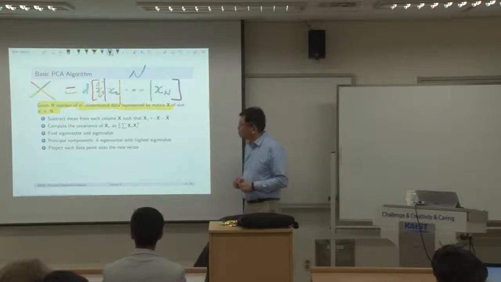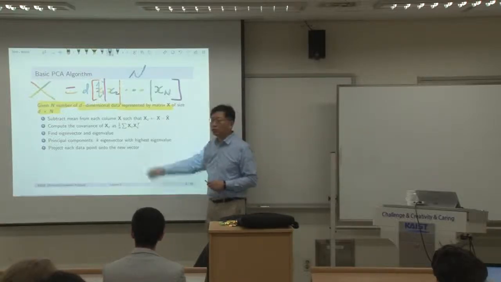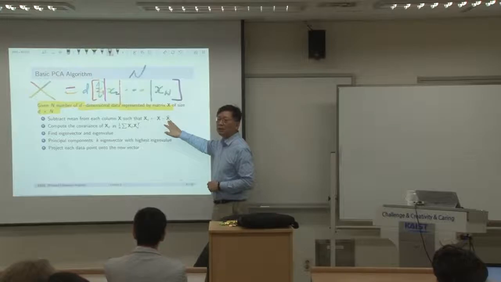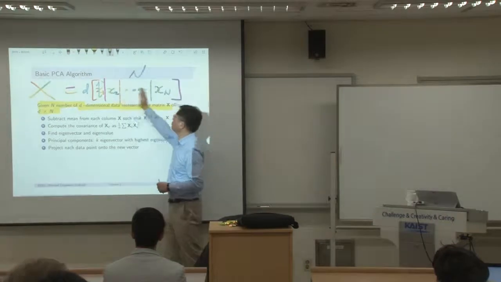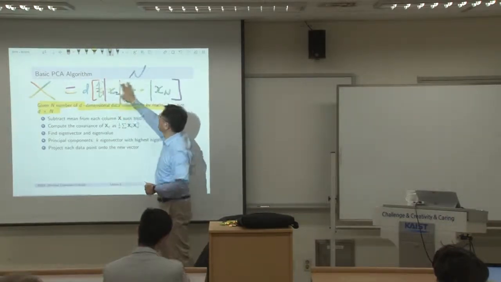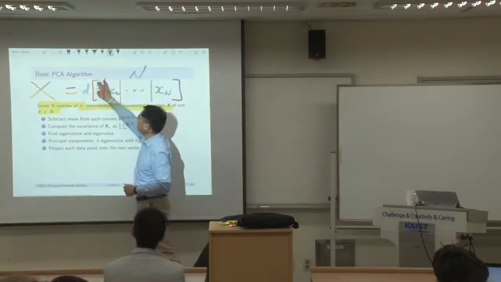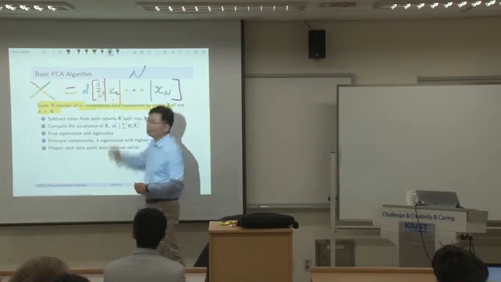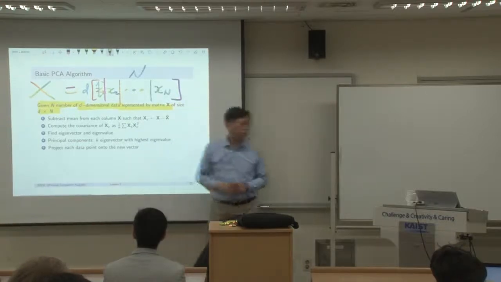And it's a 5-step process. The first step, you subtract out the mean. You take the average here, take the average there, and then you subtract it out.